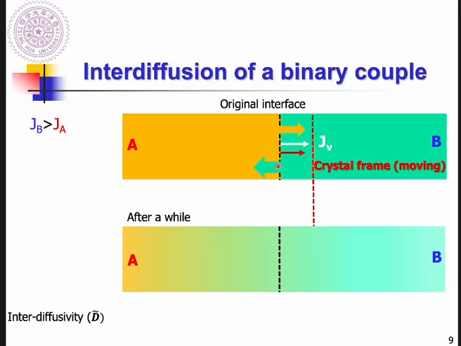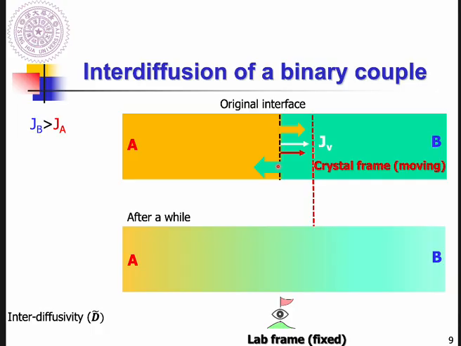What is the interdiffusivity? After a while interdiffusion happens, then interdiffusivity means that you stand outside this material in the lab coordinate or lab frame, and the diffusivity you measure we call the interdiffusivity.